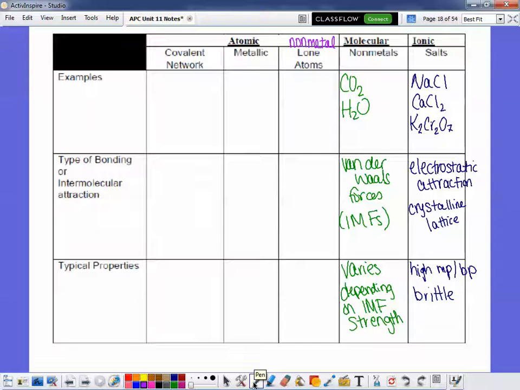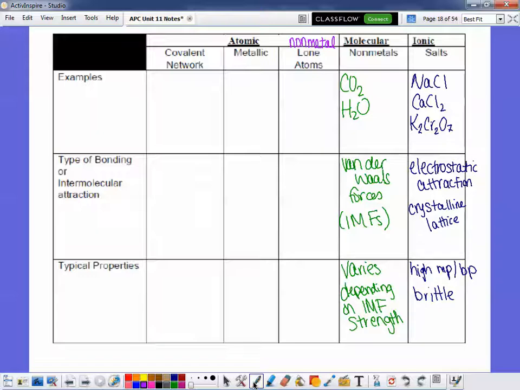What would be an example of a non-metal lone atom? Carbon's a great guess, and you would think you'd be right, but that actually is going to go under covalent network, and it's really special, so we're not going to put carbon down for a non-metal lone atom.